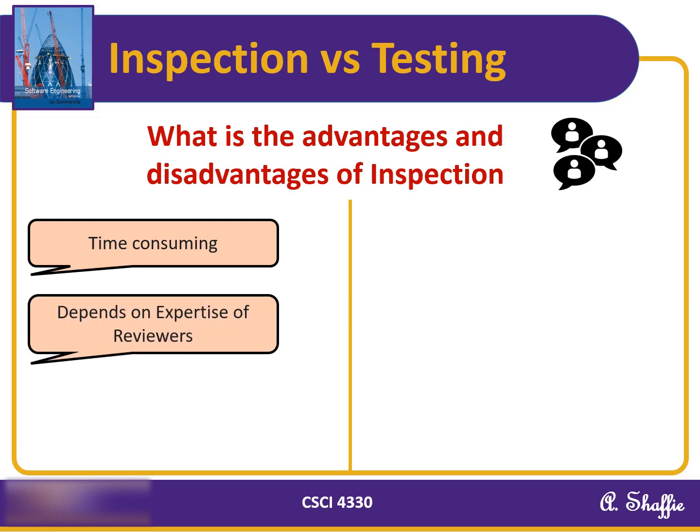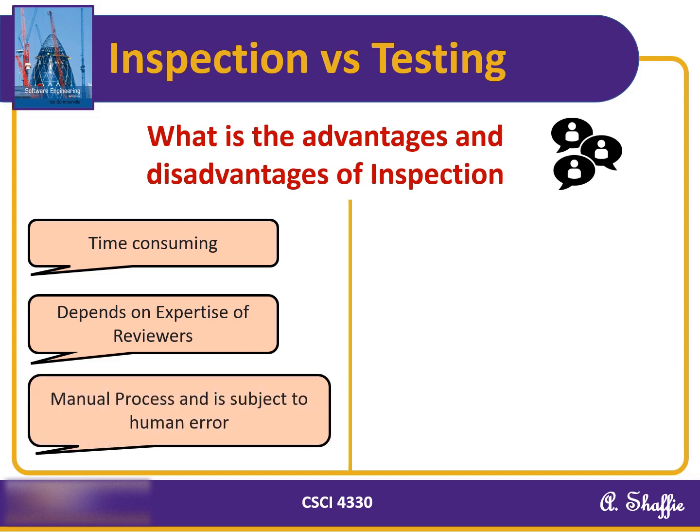Dependence on expertise of the reviewers. The effectiveness of inspection depends heavily on the skills and experience of the reviewers, which makes sense. Human errors. Being a manual process, it is subject to human error, where reviewers might overlook certain defects.